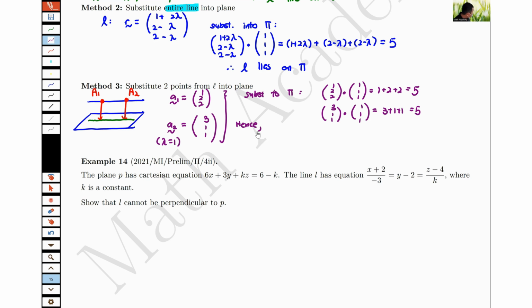So from here, I can conclude these are position vectors of points from L. And both of them lie on pi.